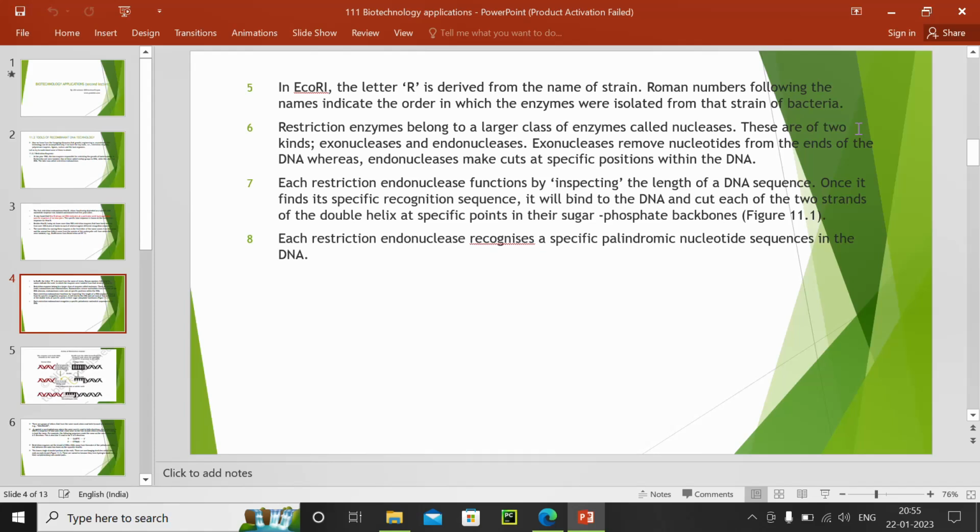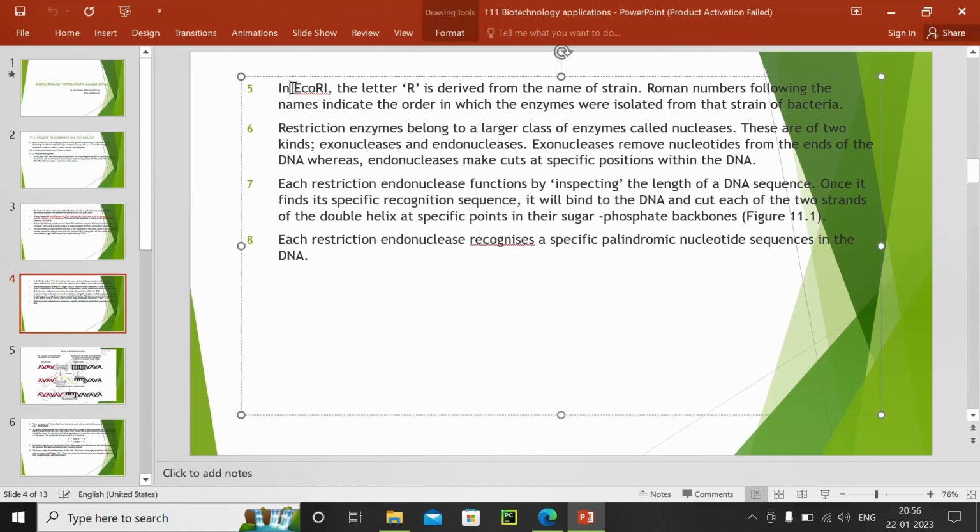So the bacterial strain from which it is isolated, and its order, its genus, its species, its strain, and its order, all these four or five things give rise to the name of the restriction enzyme, that is EcoRI.